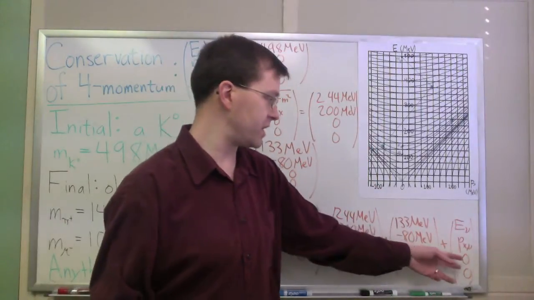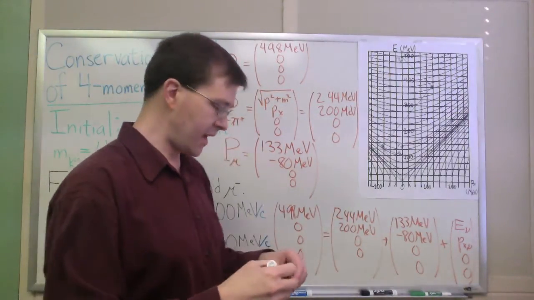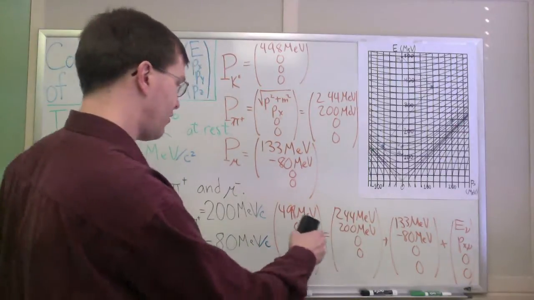Py and Pz of the neutrino have to be 0 because everything else is. So that's my equation. And I can look at that, and I can immediately solve to find those missing pieces.